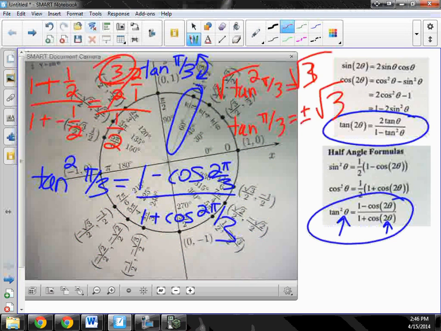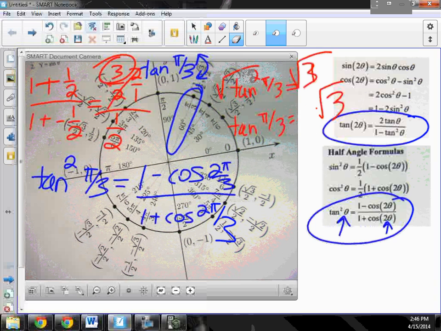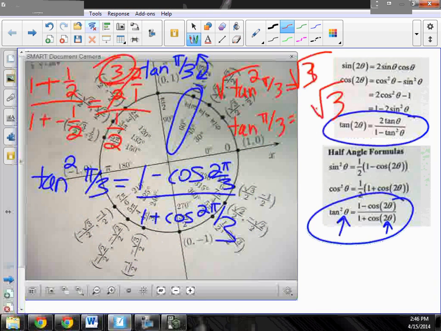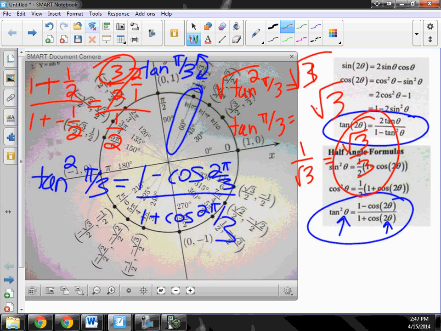Go back to the original angle. We're in quadrant 1, so tangent is positive in quadrant 1. They're all positive in quadrant 1, so I can erase the positive and negative. So the tangent is root 3, so the cotangent is 1 over root 3, which is actually root 3 over 3. That is the cotangent of pi over 3.